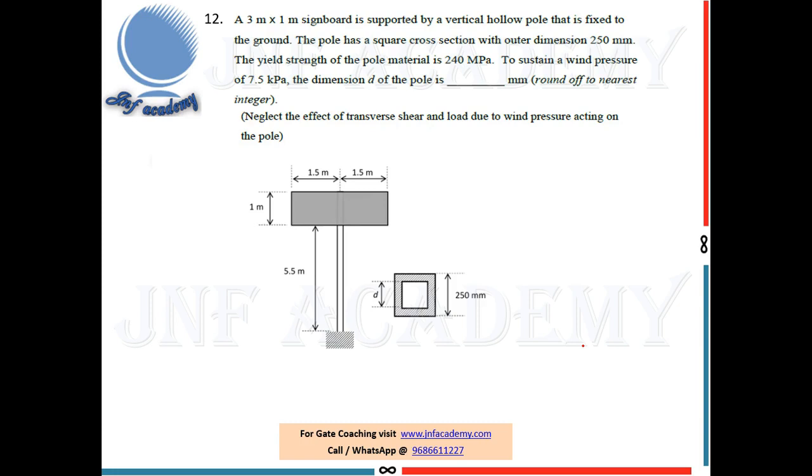So you can see this type of structures on the roads. Some sign mark will be there, right? This much kilometer Trichy, this much kilometer Madurai, like that they'll be mentioning. So the same type of structure. For example, we have one board like this, which is fixed with one pole.